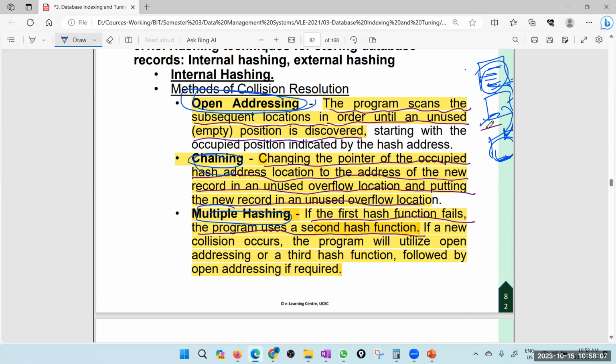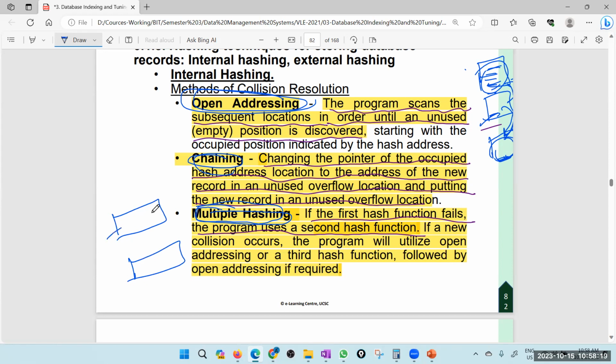The third one is also a very interesting one, multiple hashing. We use not one hashing algorithm, but maybe different hashing algorithms. If the first hashing algorithm gives you a number and it is already filled, or there's a collision, then we are not looking for the next connected block or subsequent blocks.